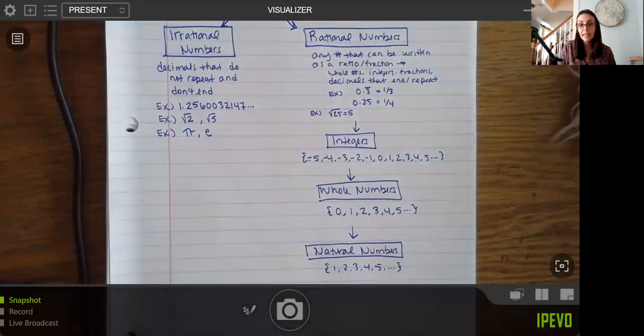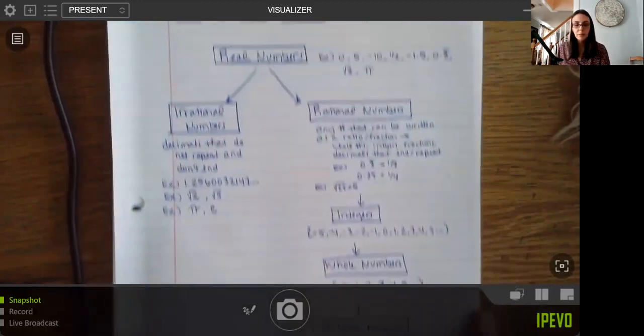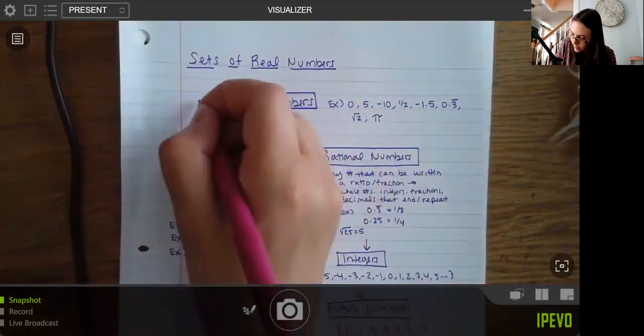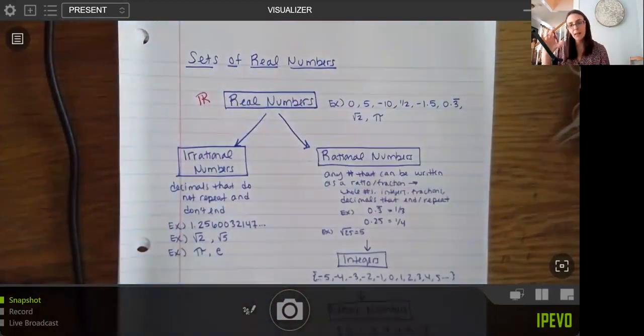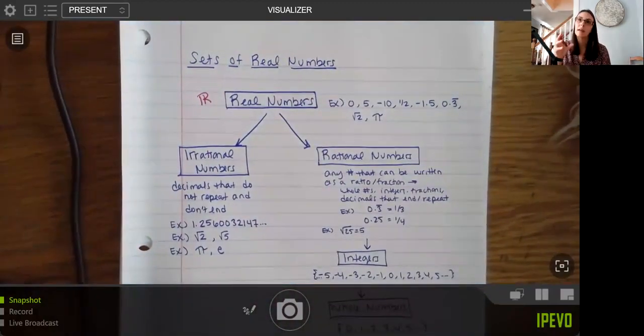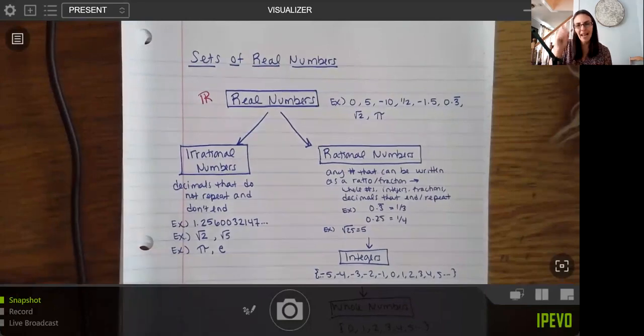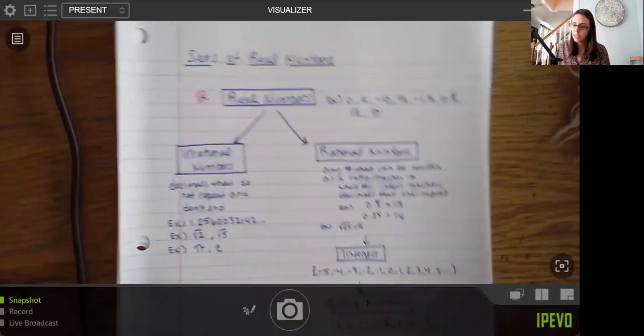Now, all of these do have fancy symbols too that you may notice. So the real numbers, you will sometimes see written with this symbol here. In the computer, it looks a little bit nicer, but it kind of looks like almost like a bold R, but with lines around it in a way. So you'll see it in your text.